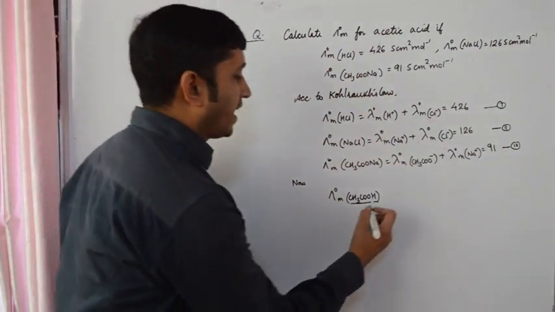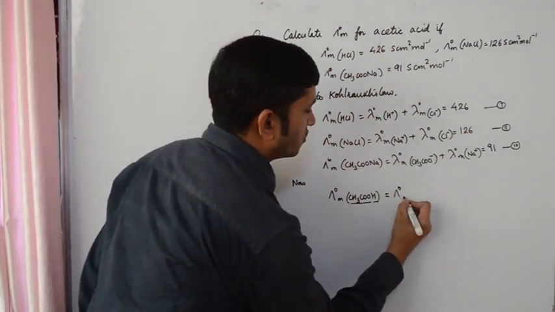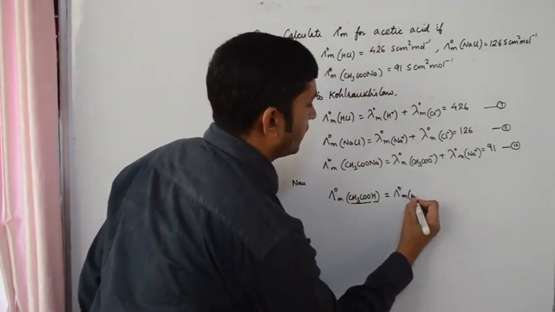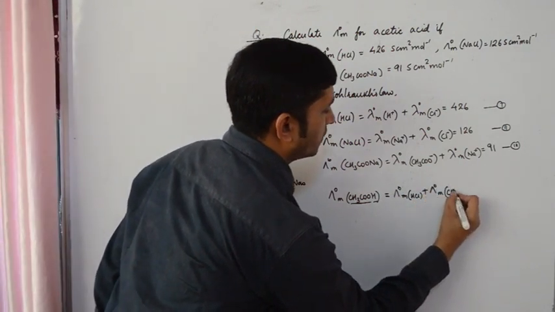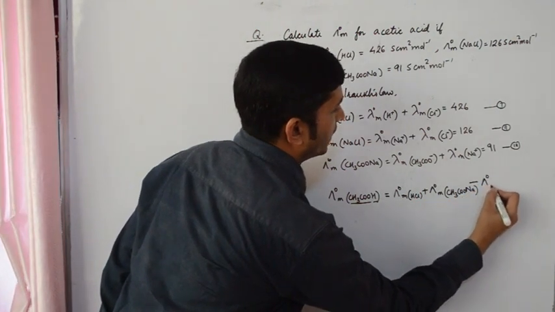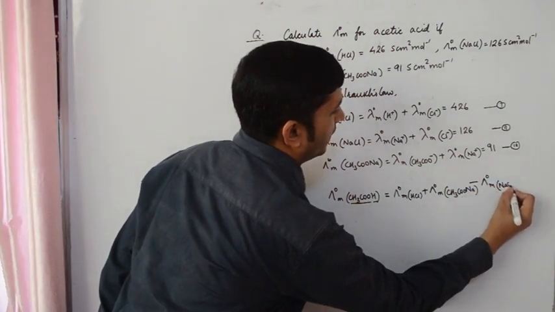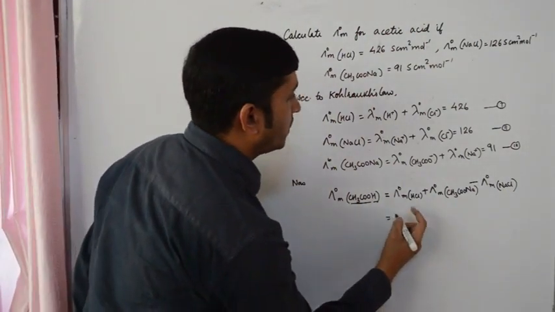So we can directly write here that limiting molar conductivity of acetic acid is equal to limiting molar conductivity of HCl plus limiting molar conductivity of sodium acetate minus limiting molar conductivity of NaCl. It's a very simple way. Now we will put the values.